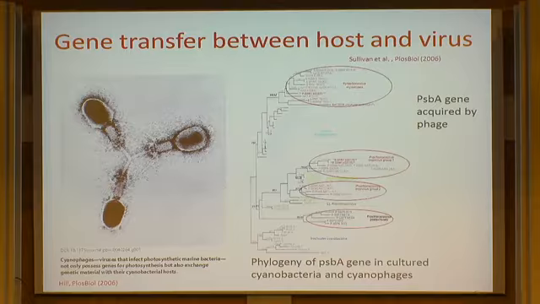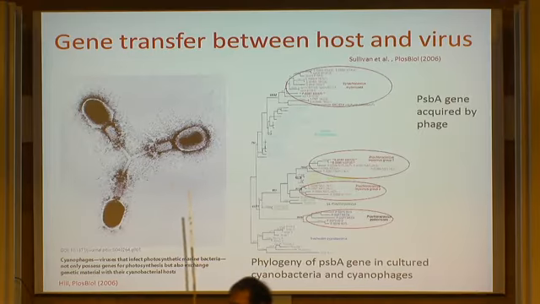So the question you might want to ask is, why would a virus, why would a phage need photosynthesis genes? Well, the answer is very interesting. Think about it. The virus can infect a cell, and while it's killing the cell, it'll produce more baby viruses. But suppose it could keep the cell alive for a little bit longer.